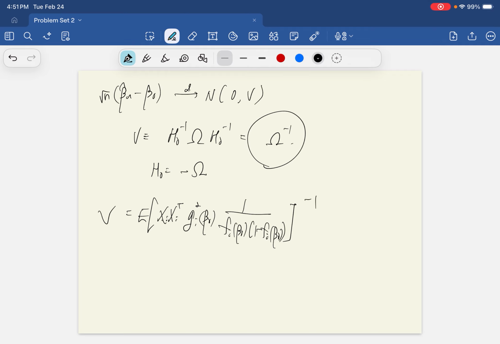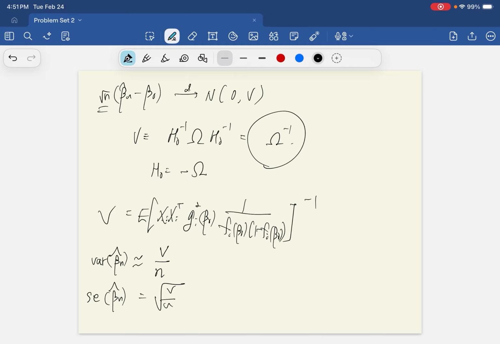Then the last question is, how can we calculate the variance? The variance of beta hat n is approximately V over n, because the convergence rate is square root n. And the standard error of this estimator is the square root of this.